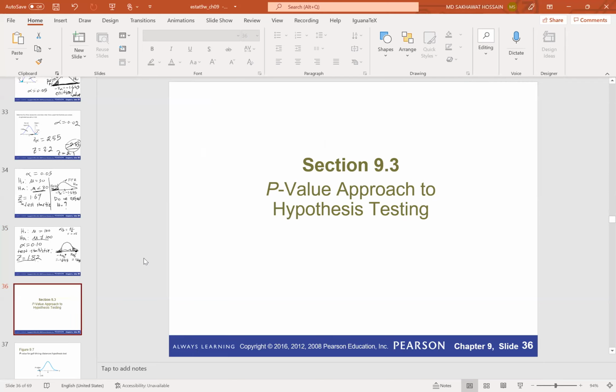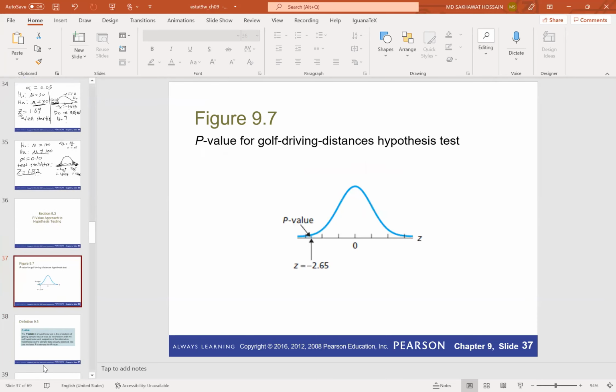The next one is the p-value approach to hypothesis testing. We can make the same decision based on the p-value. In the previous case, we didn't calculate the probability, right? We didn't calculate the p-value. But in this case, we'll find the probability for the test statistic, and we'll compare it with the alpha value, the level of significance.